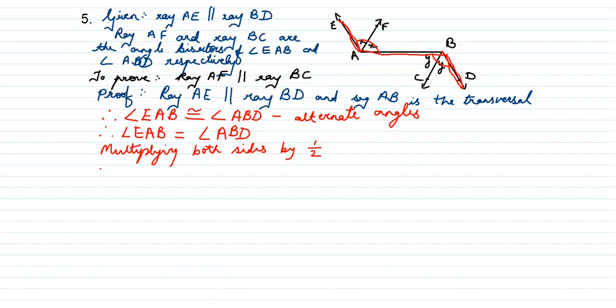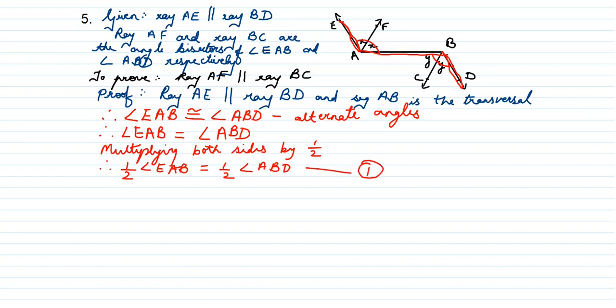Therefore, we get half of angle EAB is equal to half of angle ABD. Let's say this is 1.